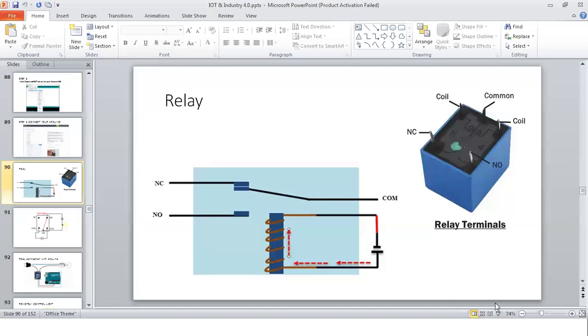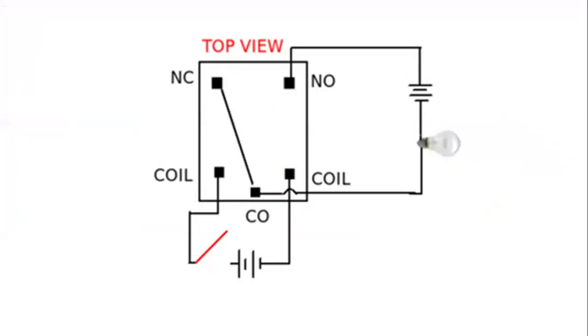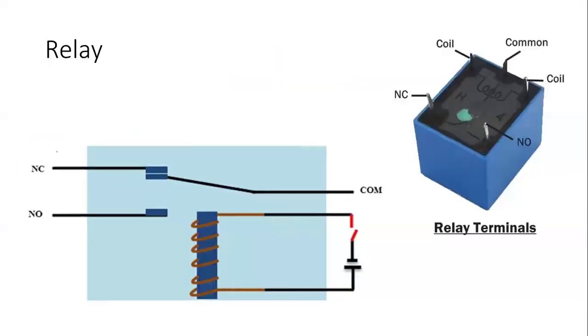First of all, we are going to see what the relay is and how it works. Over here you can see this is the relay board. In this relay there are terminals.